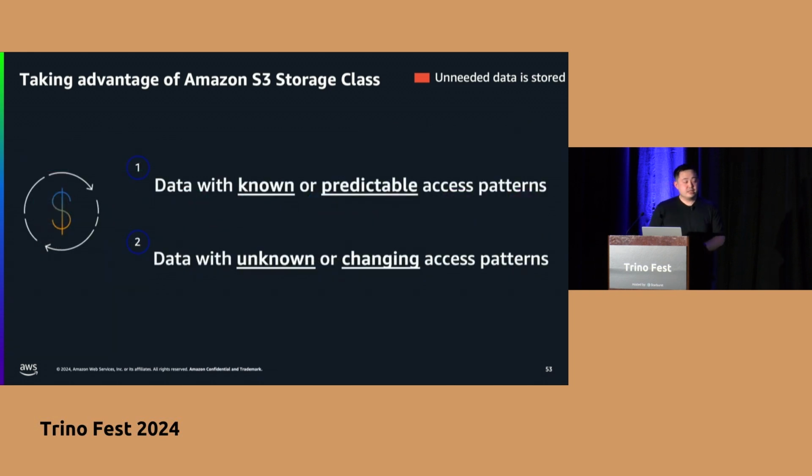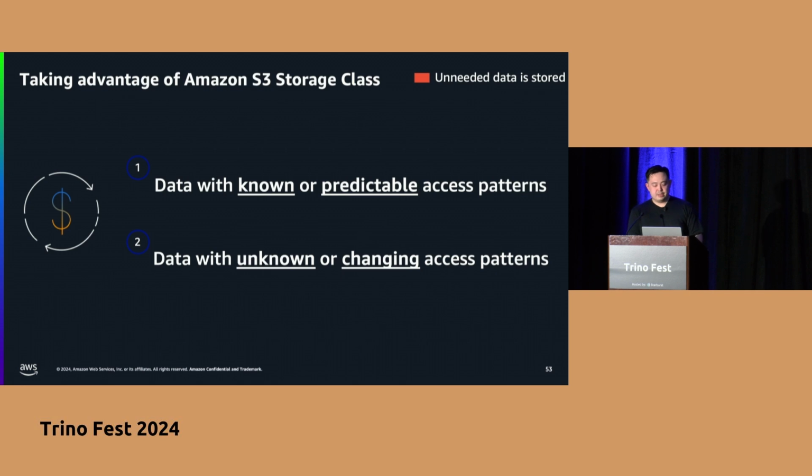There are two kinds of access patterns: known or predictable access patterns, or unknown or changing access patterns. For example, you create a daily report by using Trino, and the content is frequently accessed right after you upload it, but becomes infrequently accessed a few weeks or perhaps even a few days later.